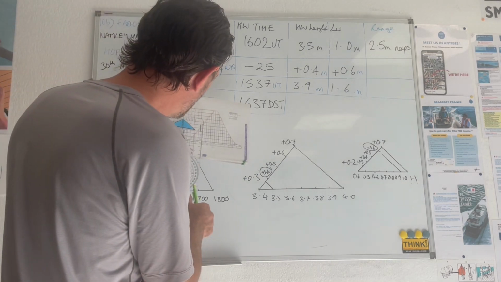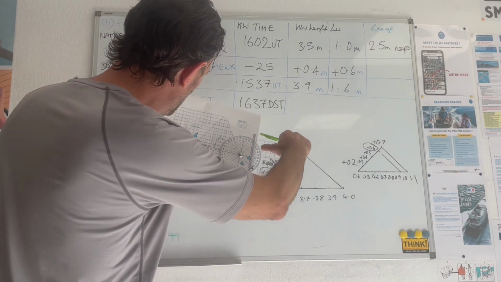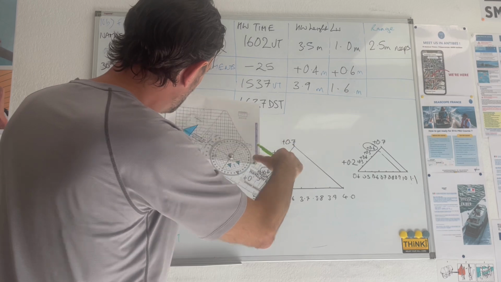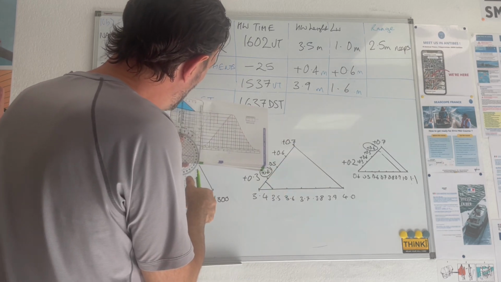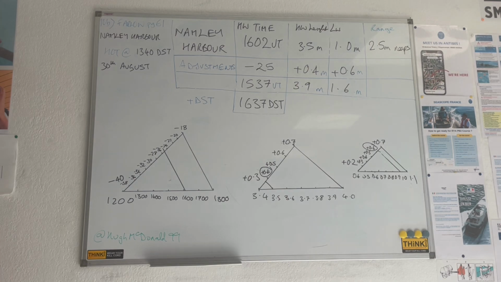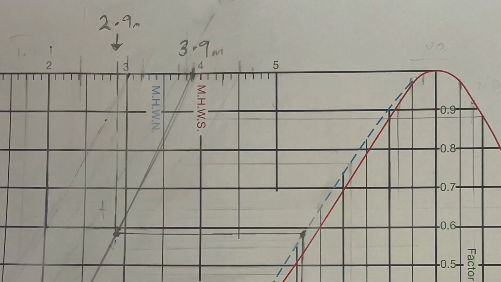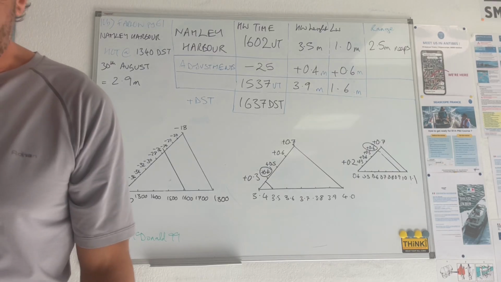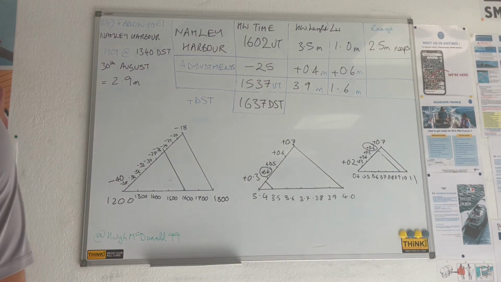So just past that, we'll draw a straight line to where it meets that curve, across there to where it meets the line, and we can read that up or down, and we can see our height of tide is 2.9 meters in the Farlow River at 1340 DST.